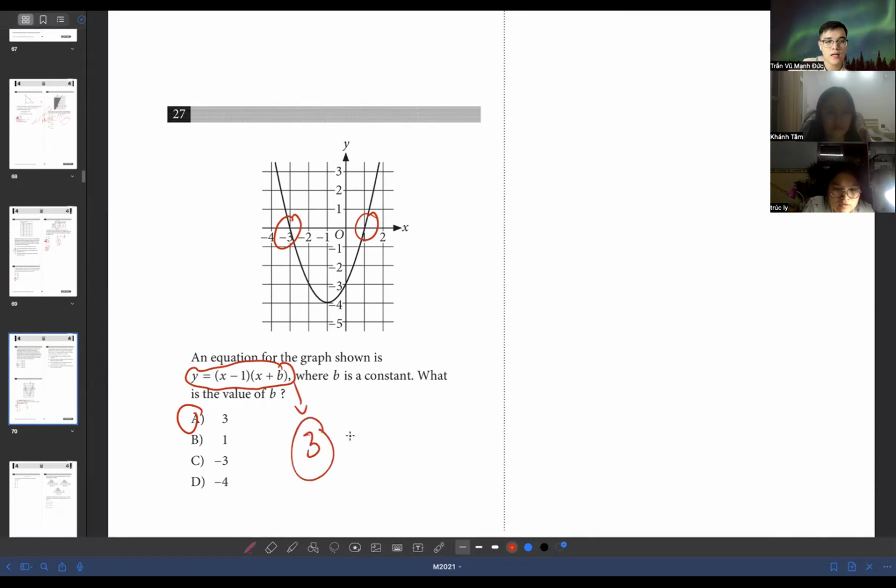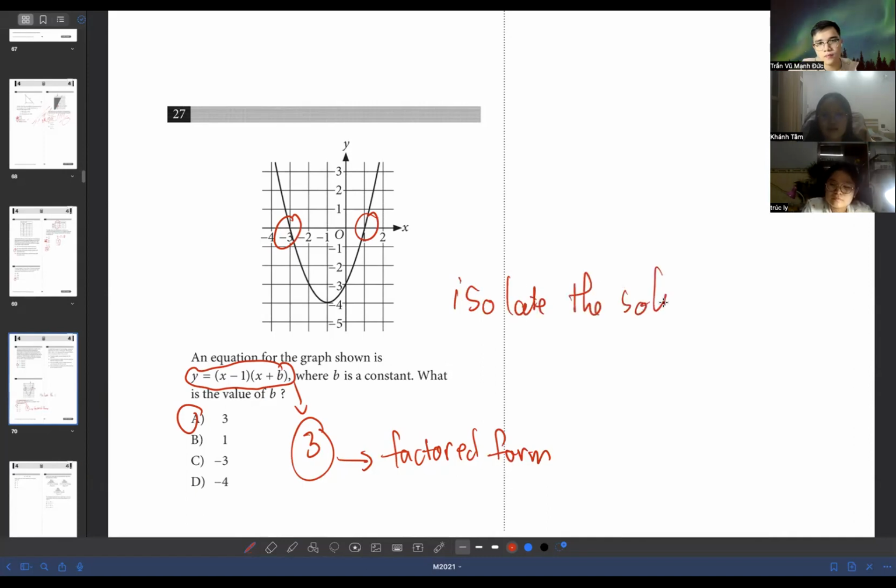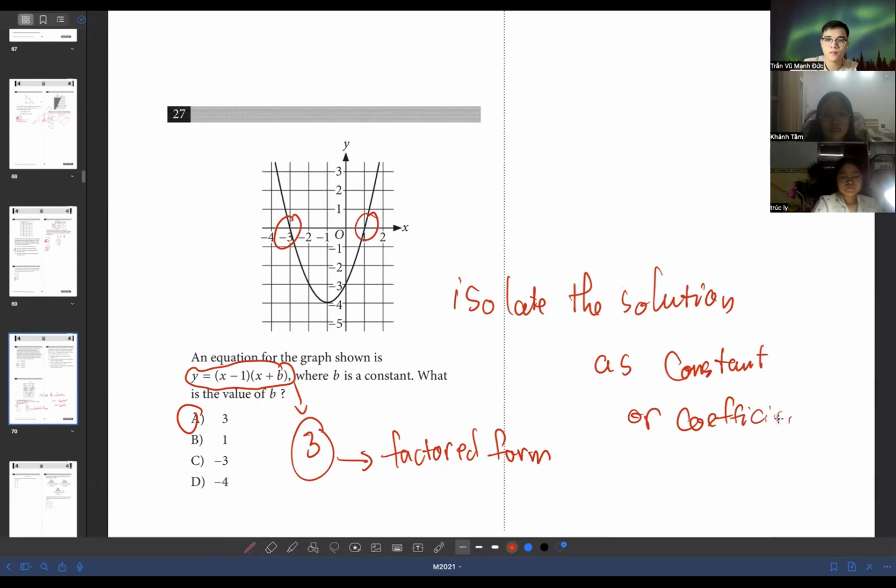This is a factored form. Remember, if they ever ask you to choose an equation that isolates the solution as a constant or coefficient, this means that they're asking for the solutions to appear by themselves here.